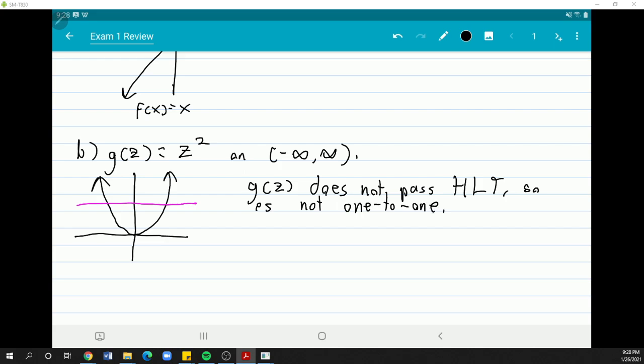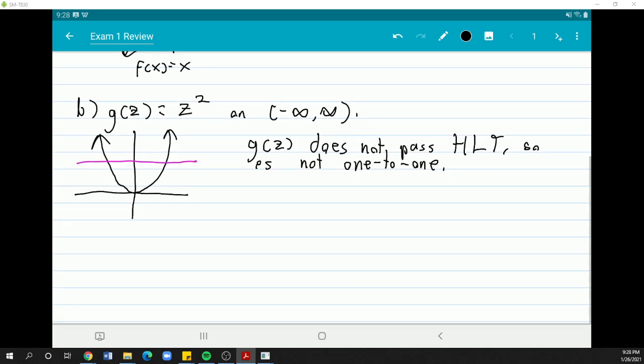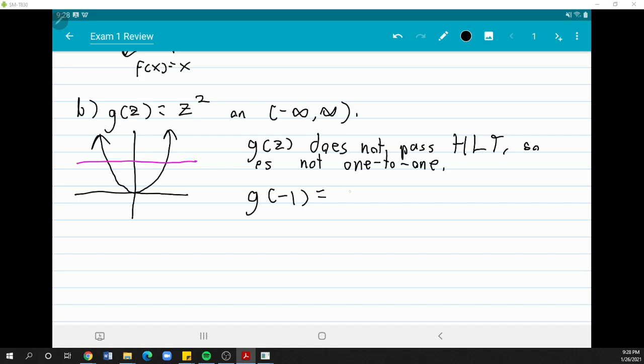Another way you can do a problem like this, if you know it's not one-to-one, is you can pick two numbers where they have the same value. So g of minus 1 is equal to minus 1 squared, which is equal to 1, which is equal to 1 squared, which is equal to g of 1. So what's the purpose of this? It tells me g of minus 1 equals g of 1.